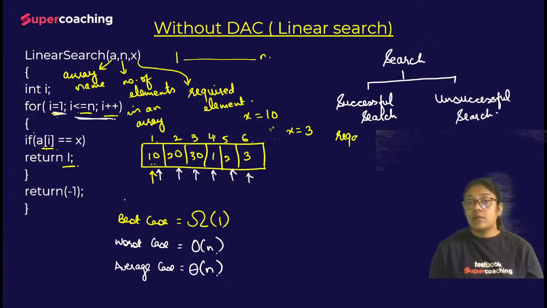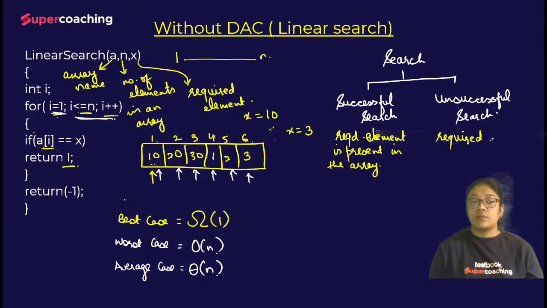Successful search means required element is present in the array. Unsuccessful search means a required element is not present in the array.